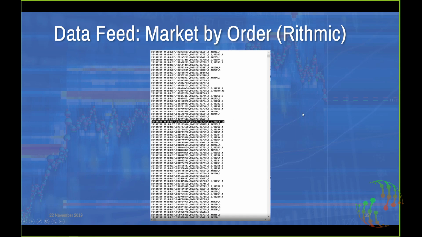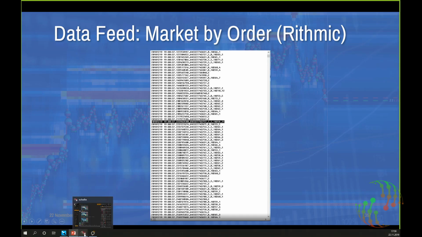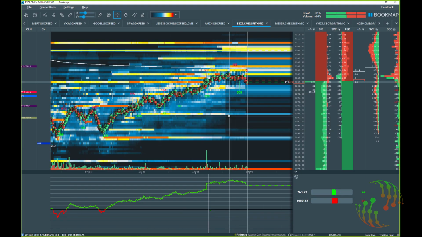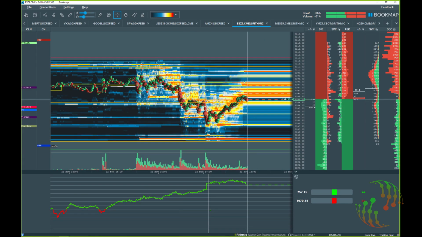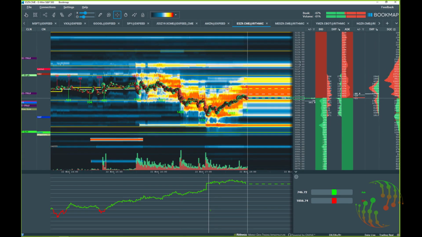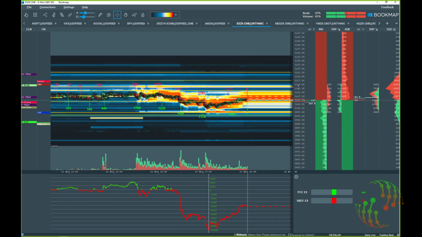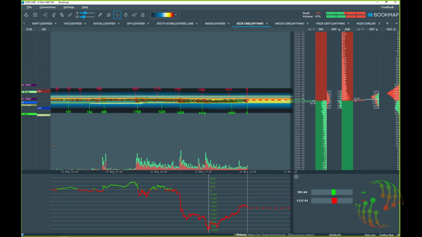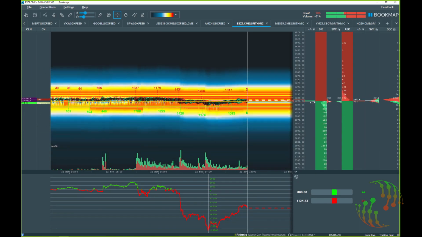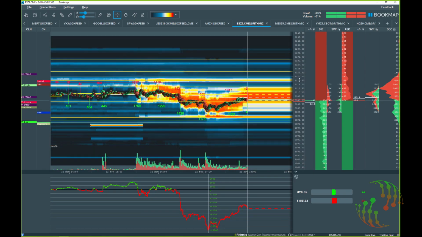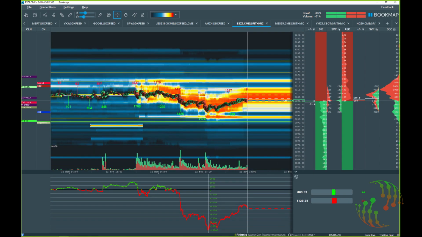Therefore, we recommend Rithmic or DX feed, because, let me condense this as fast as I can, you see, we are talking about every level between, let me say, roughly 120 and 92.